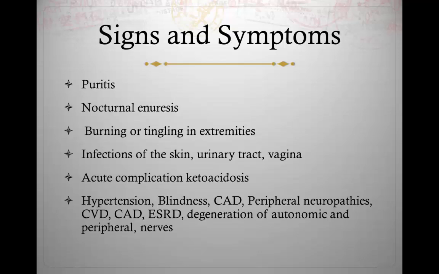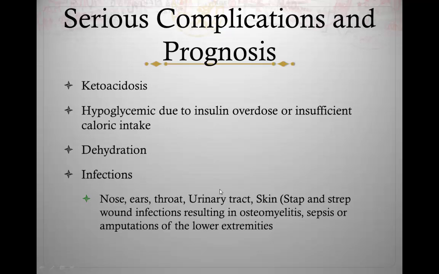GU candidiasis is an opportunistic infection that appears in any autoimmune disease. And also remember the microvascular and macrovascular complications associated with it. We will discuss one of the major complications, which is diabetic ketoacidosis. In addition to that, you could get hypoglycemia.